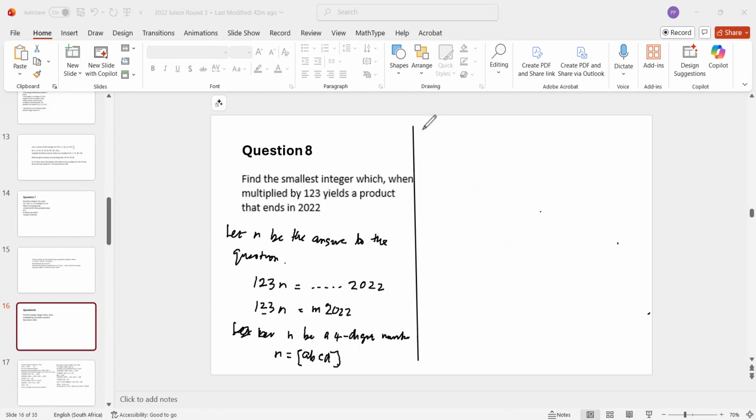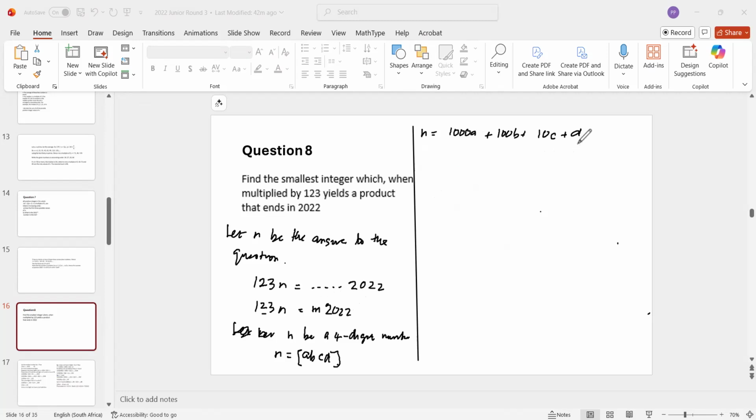All right, now that means that n can be written as 1000A plus 100B plus 10C plus D. Right? Now we proceed as before.